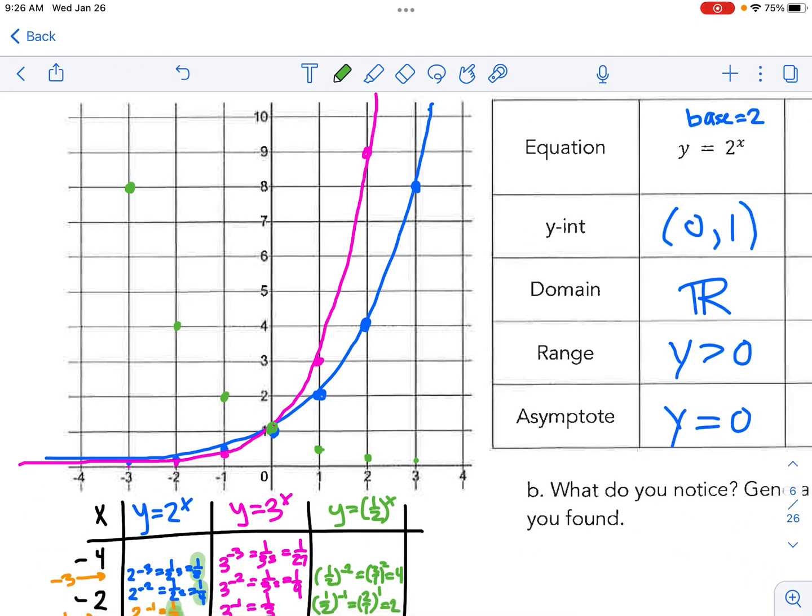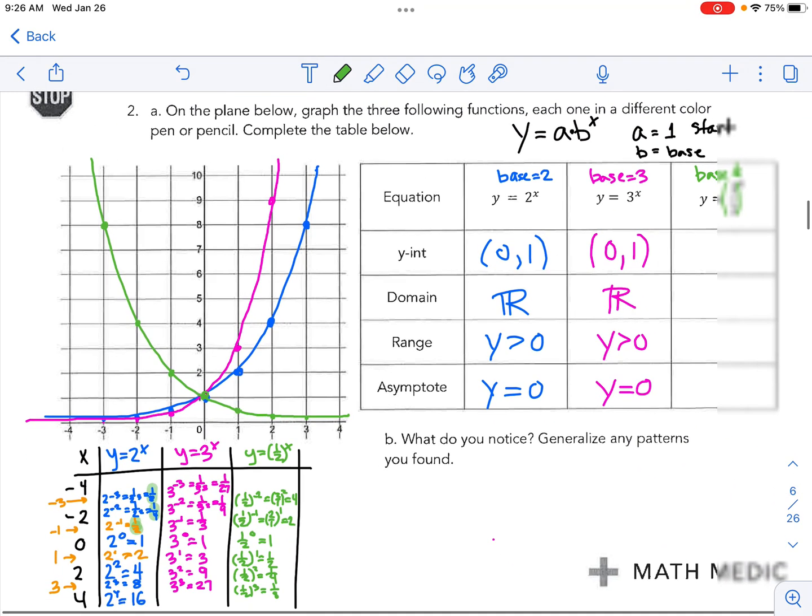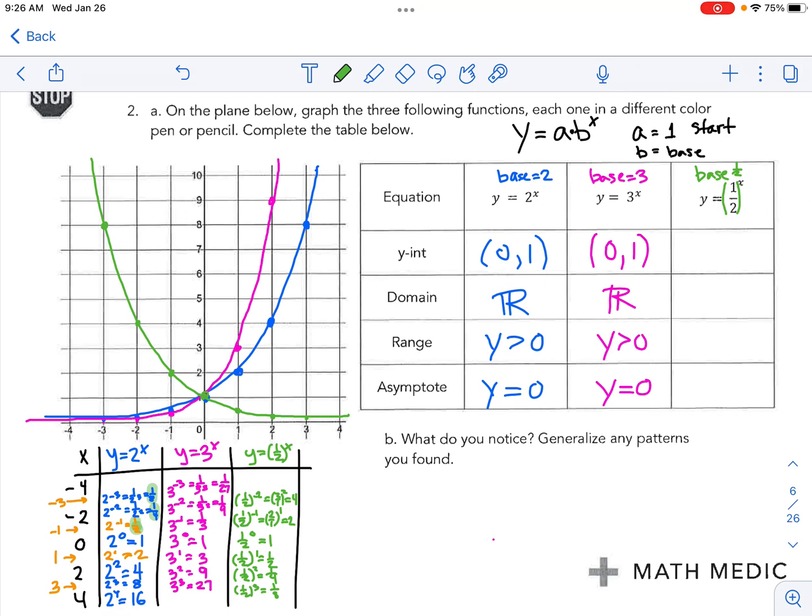And so if you notice, it is a reflection of the blue, still crossing here, but it's a reflection of the blue function over the y-axis. So we still have the same intercept at 0, 1. We're still using all reals. We're still in the first and second quadrant, so positive y values.